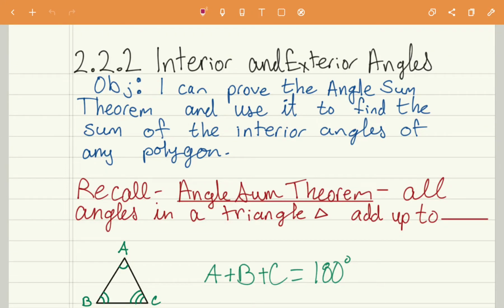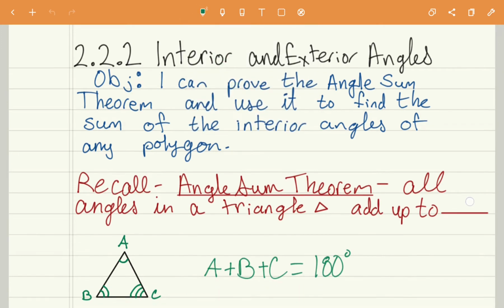Welcome to Objective 2.2.2, Interior and Exterior Angles. This is a continuation of the last video you should have watched. The objective is that we can prove the angle sum theorem and use it to find the sum of interior angles of any polygon.